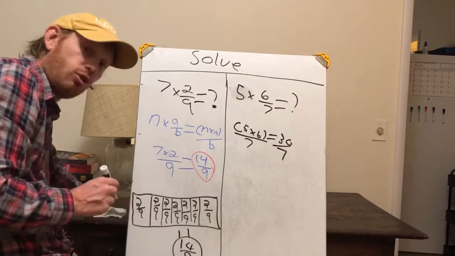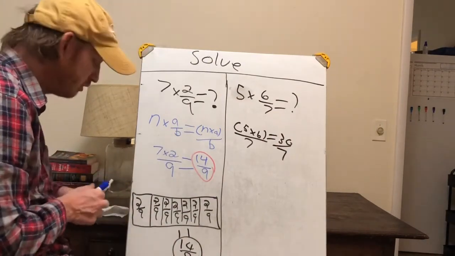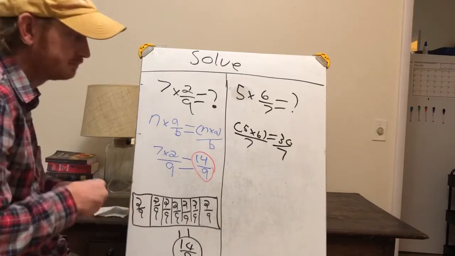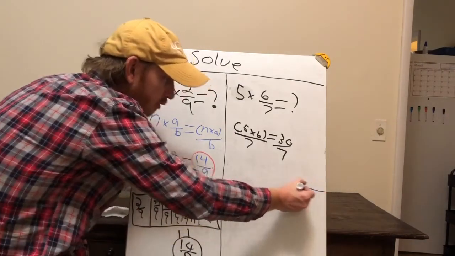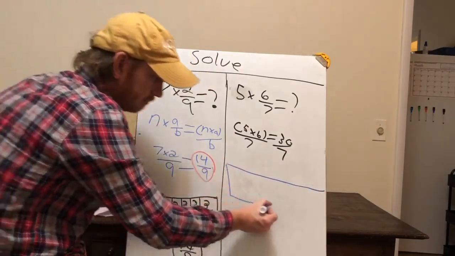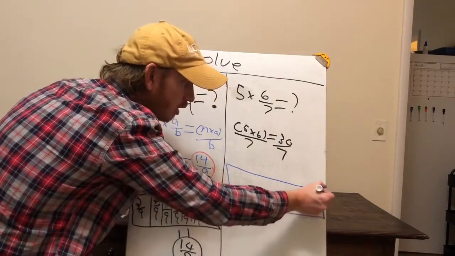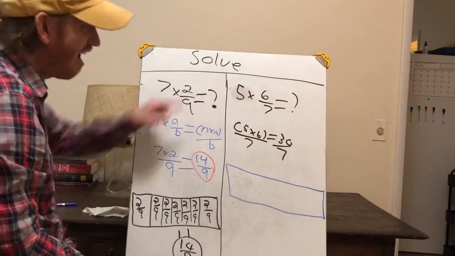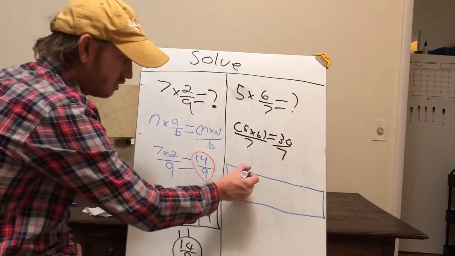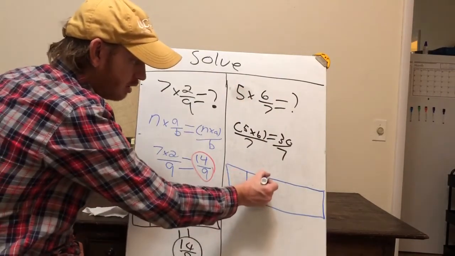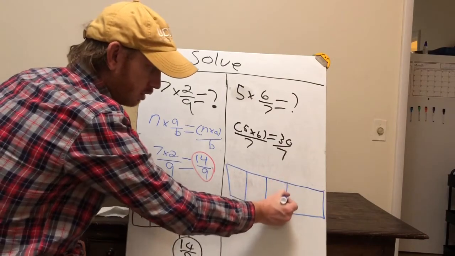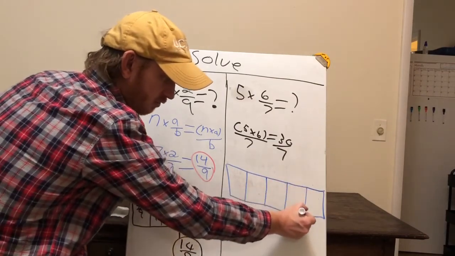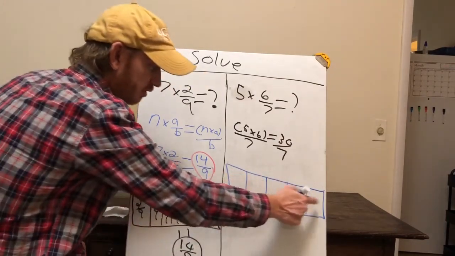But just to make sure, just to double check, I'm going to now draw a tape diagram. So on the bottom here, I draw my tape diagram. And I have 6 over 7 5 times. So I'm going to break it down. 1, 2, 3, 4, giving me 1, 2, 3, 4, 5.